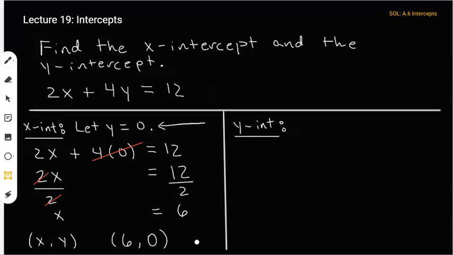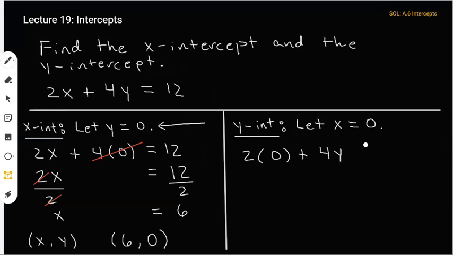So now let's find the y-intercept. Since I'm letting the opposite variable be 0, then I have to let x equal 0. So now I'm going to keep this equation the same. The only difference is I'm going to let x be 0.